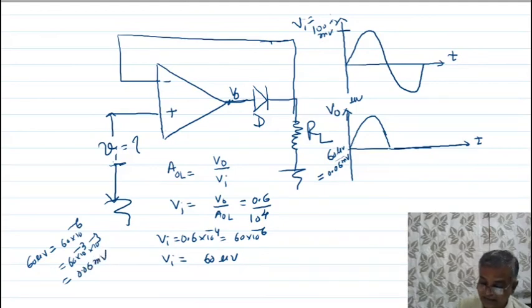So my output will start from 0.06 millivolt in this circuit. This circuit is able to rectify small signals of the order of millivolt. When the input is 0.06 millivolt, my output will start, and you will get the rectification like this.